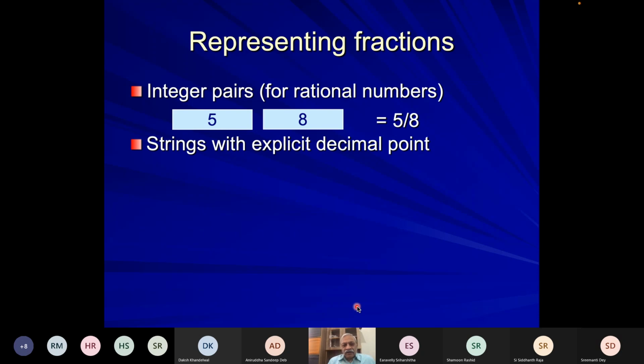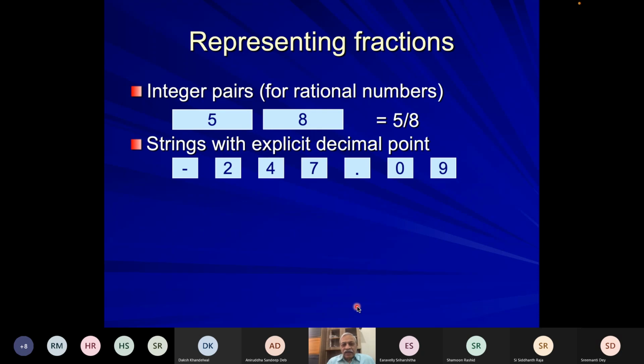Or you can think of a string, which means a sequence of characters with a decimal point also as a character. So if there is something like minus 247.09, it will be 7 characters. A string of 7 characters would represent this value.